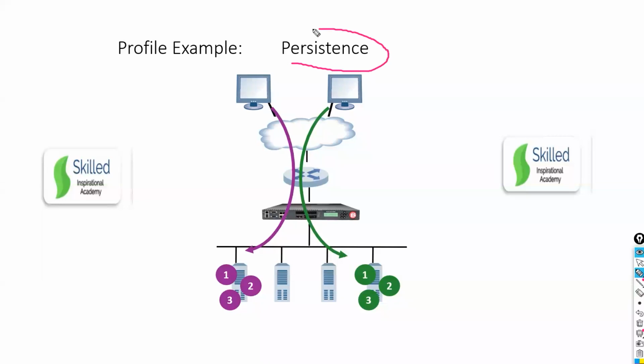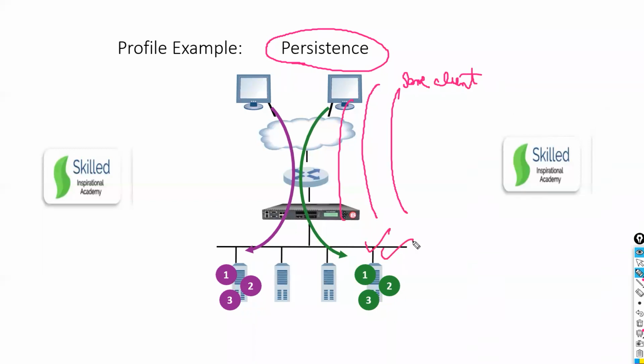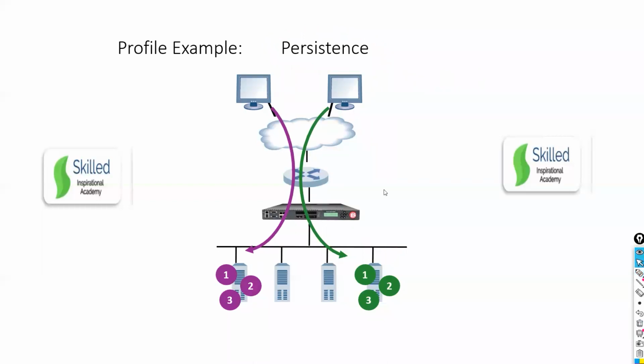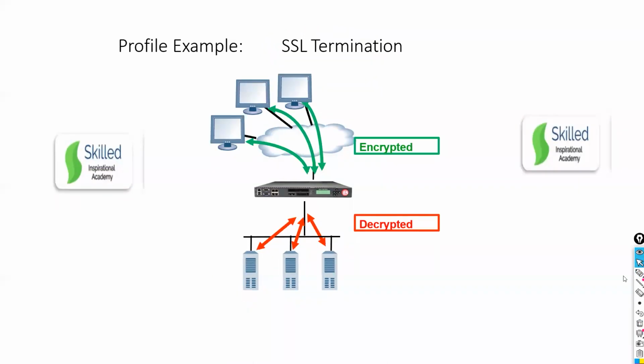That is an example of persistence: during my duration or until a task is completed, I want all requests from the same client to go to the same server. We will discuss in detail and I will do the lab.